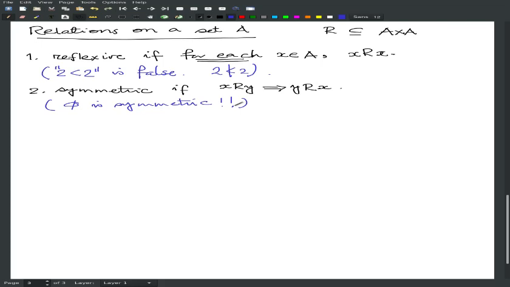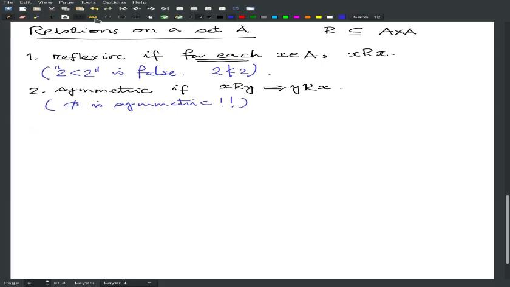So see the difference between the two properties. The first one is an assertive one. The empty relation on a non-empty set cannot be reflexive. But it is symmetric. So that's the most of the definitions you have to be careful to distinguish.